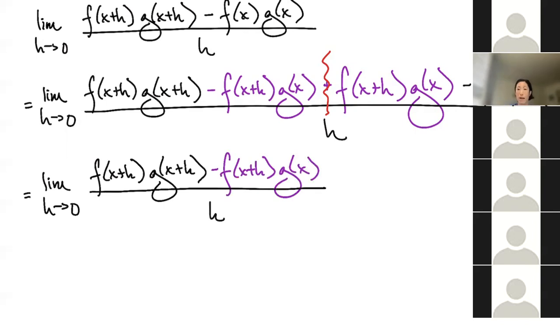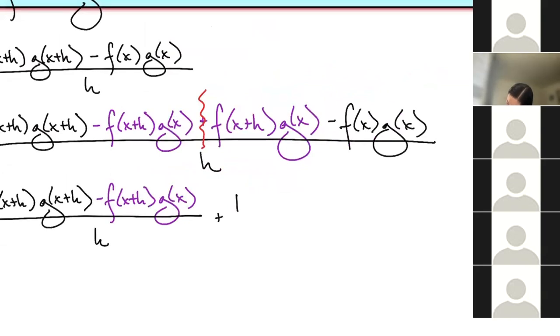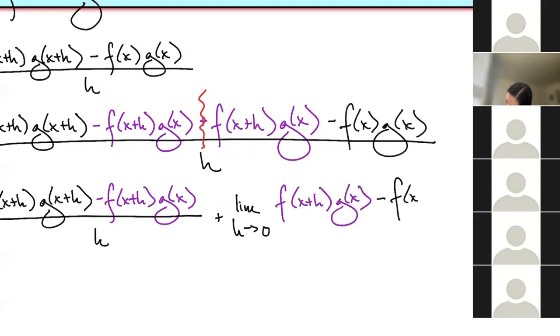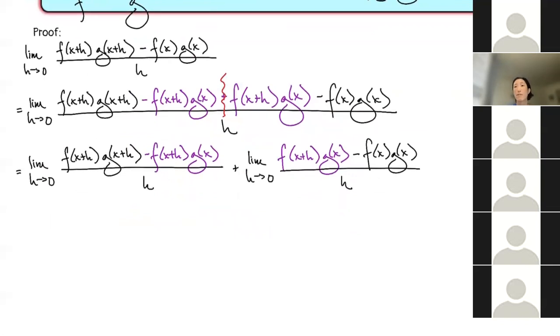That's the first fraction. And the second fraction will be f of x plus h, g of x, minus f of x, g of x, all over h. Okay. So I started with the definition, I added 0 in a very fancy way, and then I split this into 2 fractions. Okay.